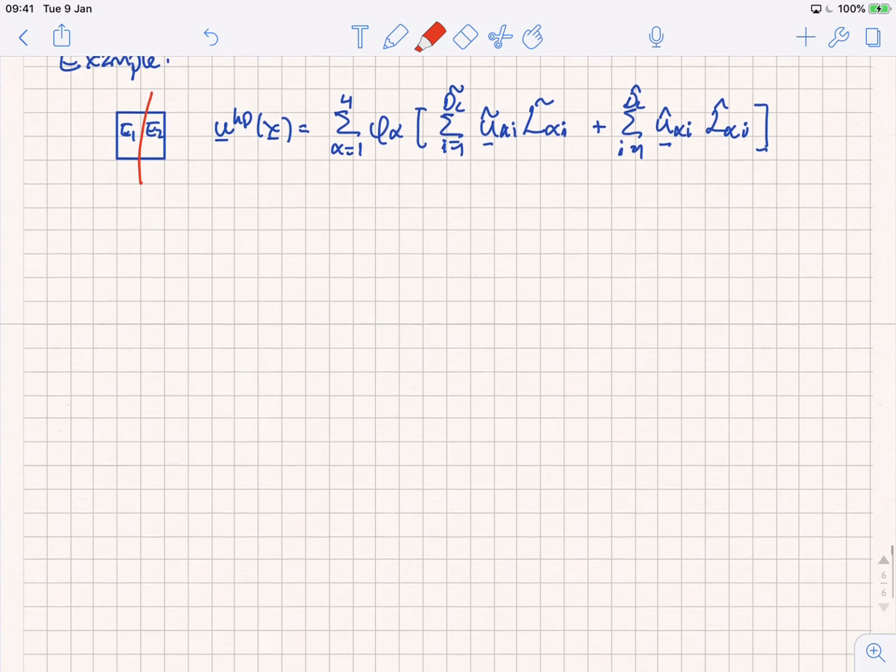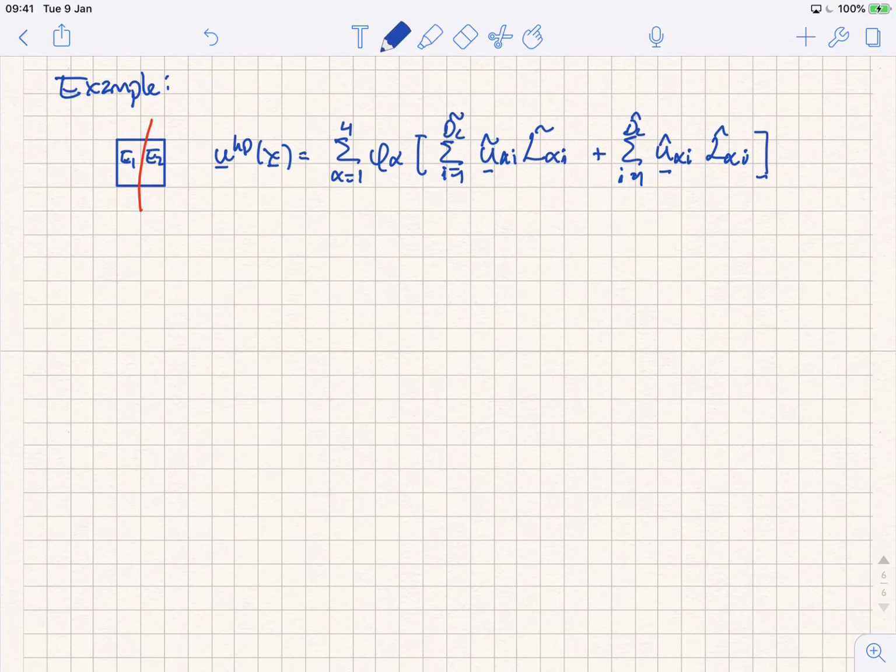Yeah. So I'm going to say that my enrichment function is basically going to be only one enrichment function and it's equal to 1.